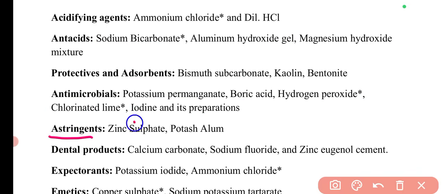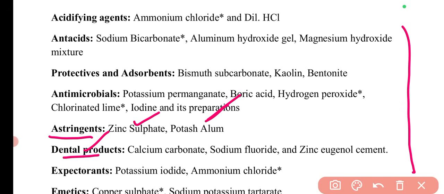Then for astringents, zinc sulfate and potash alum, these are used as astringents. Then in dental products, this particular category is important. If you see the syllabus and the number of questions in each unit, you will find approximately 8 questions will be there from each unit.